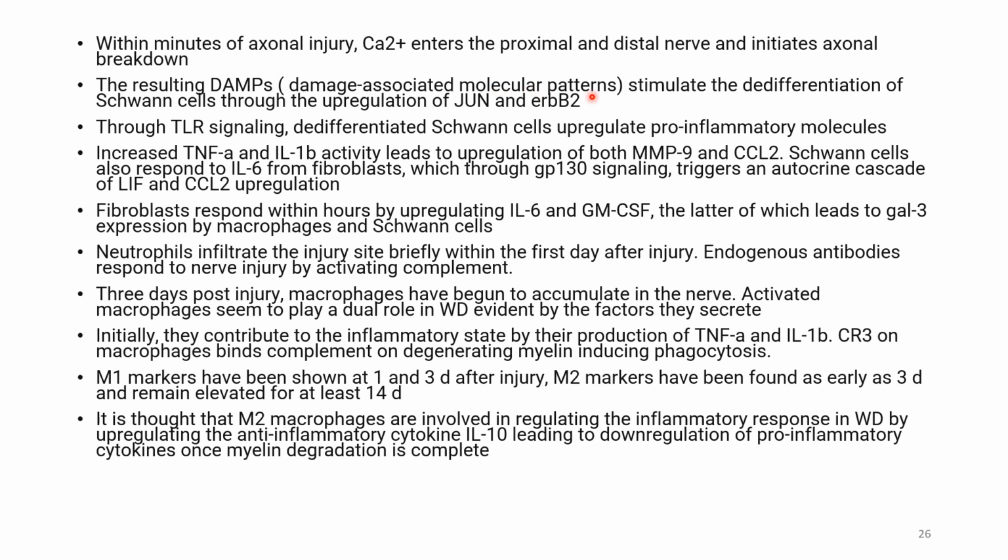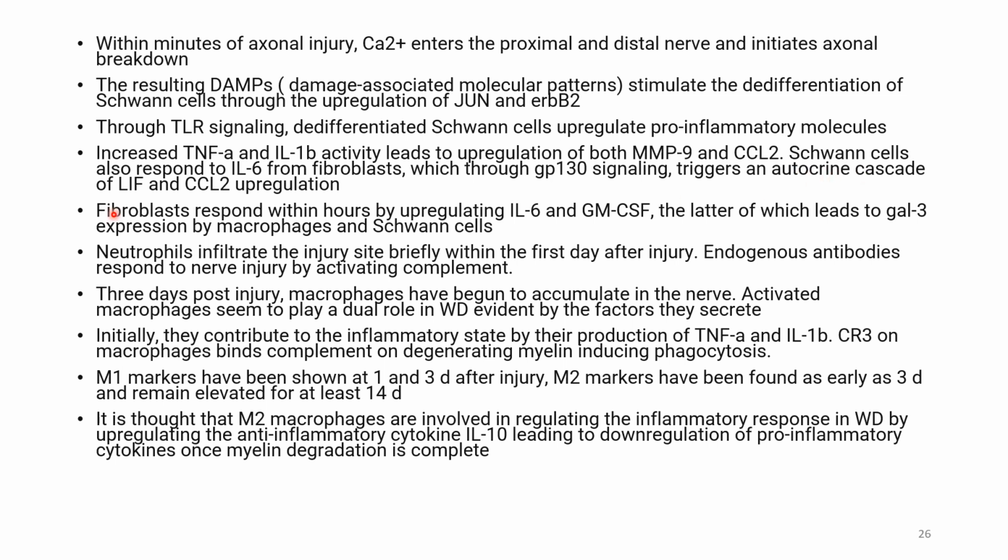These DAMPs will stimulate the de-differentiation of the Schwann cells and they will upregulate the JUN and DRB2. Then through TLR signaling, these Schwann cells will upregulate the pro-inflammatory molecules. What are those? TNF alpha and interleukin 1 beta. They will lead to upregulation of MMP9 and CCL2.